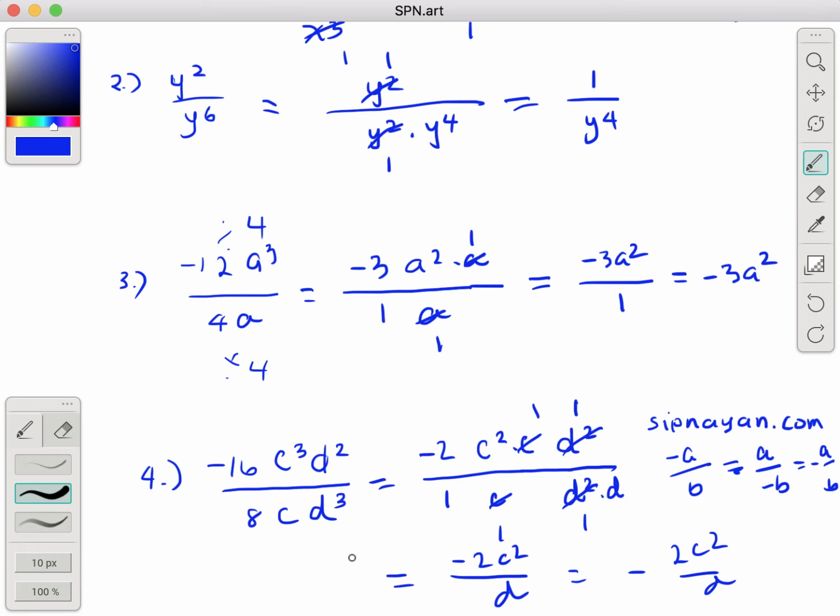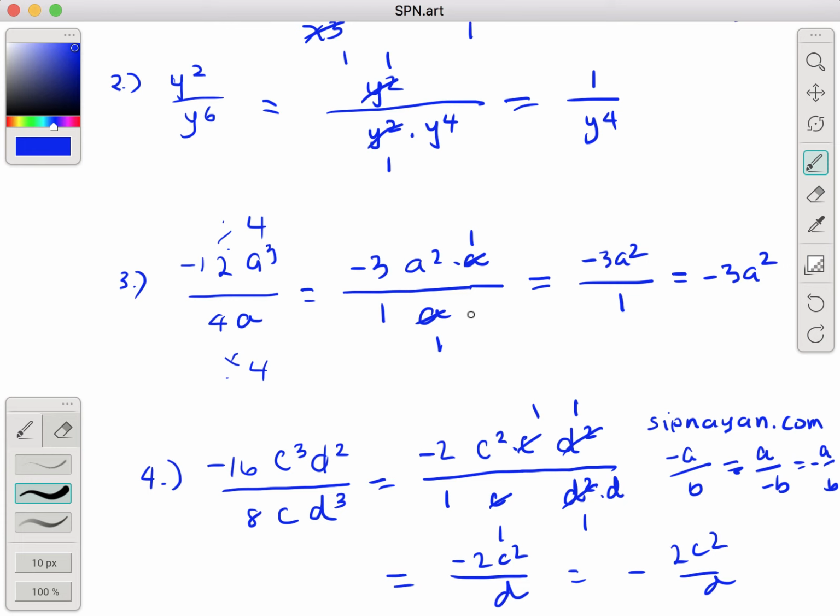Okay, so I hope meron kayo natutunan sa video na to. Remember, puro monomials pa lang itong ginagawa natin. Hindi pa tayo gumagawa ng mga binomials. Pero later, gagawin natin yan. Pati full yung division of, for example, binomial by a monomial, by a trinomial, by a binomial, and so on and so forth.